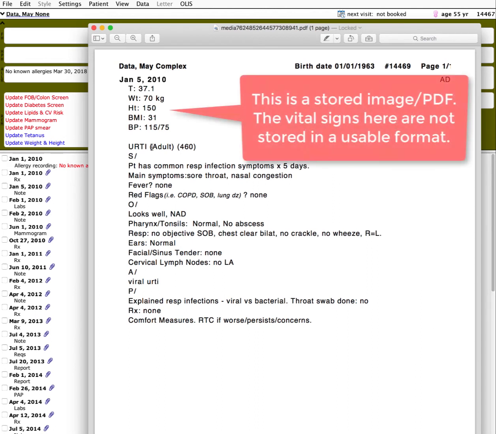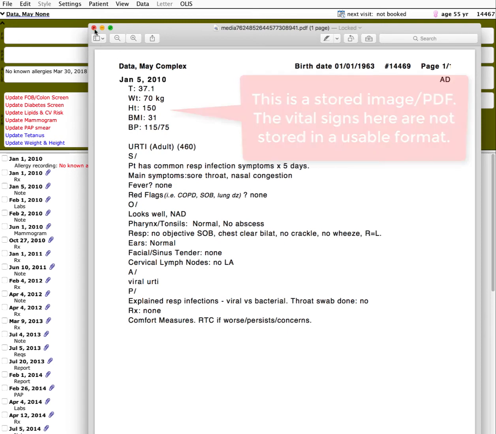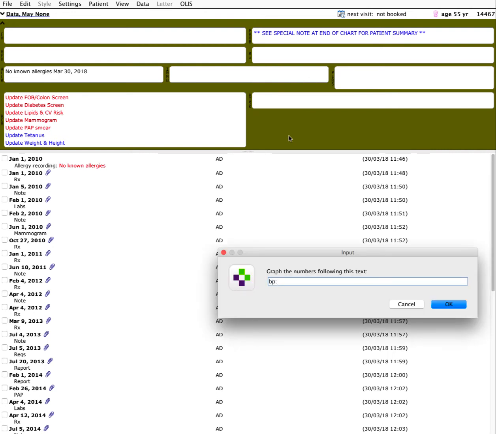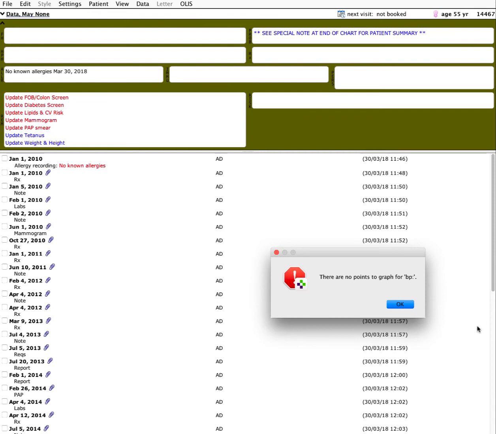And even though this appears to be analyzable, it's the exact same appearance, T37.1 or blood pressure 115/75, because this is an image, the way it's stored within the EMR is as an image and not as a usable data point. This note, and same with the 460, has very little to nil value in terms of its analyzability, its functionality. So for example, if I try to graph blood pressure in this patient's chart, it doesn't recognize it.